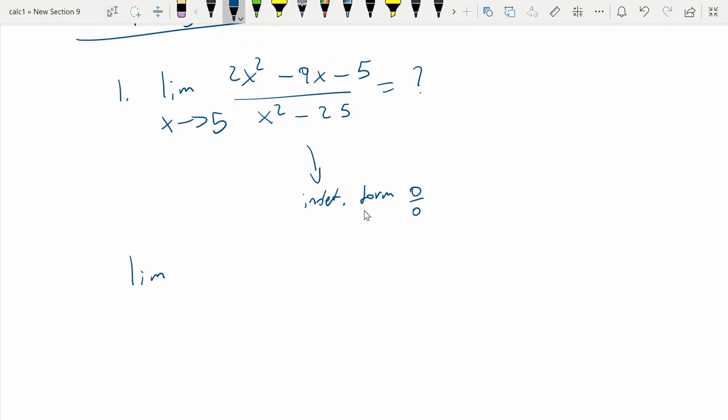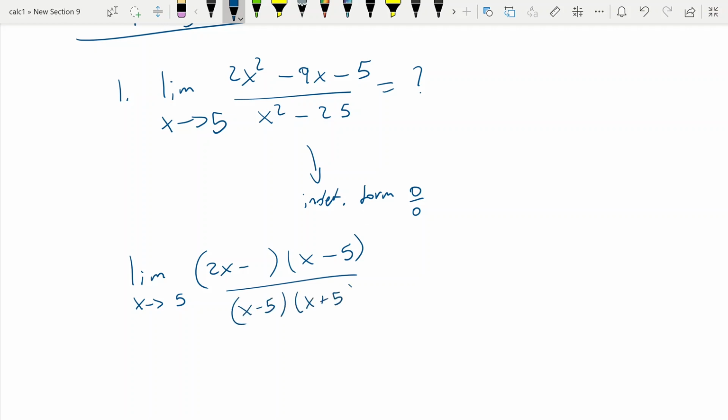So what do we do? We try to eliminate the offending factors in the numerator and the denominator, and so we need to factor this out. We know that x minus 5 is going to be a factor, and 2x is going to be another factor, so x minus 5 on top, and x minus 5, x plus 5 on the bottom.